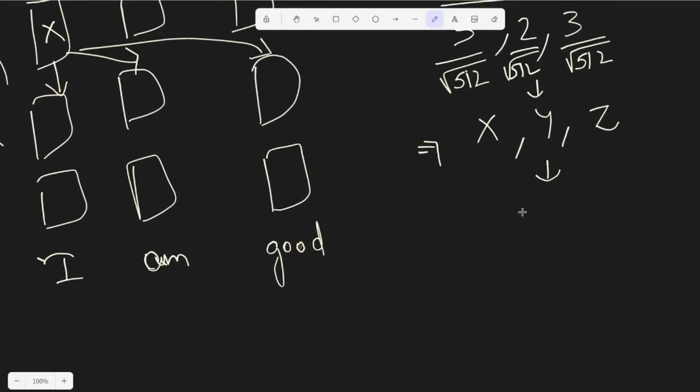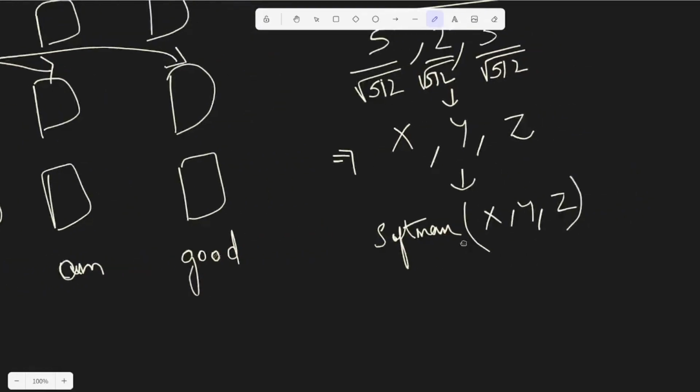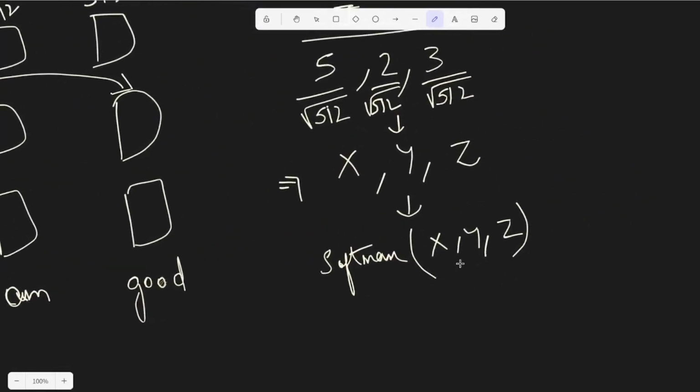Now what I'm going to do with x, y, z is pass it through a softmax. There are a lot of resources out there to understand how softmax works, but basically it gives us a probability distribution. So it gives us 3 numbers, let's call them A, B, and C, and these add up to 1 because it's a probability distribution.